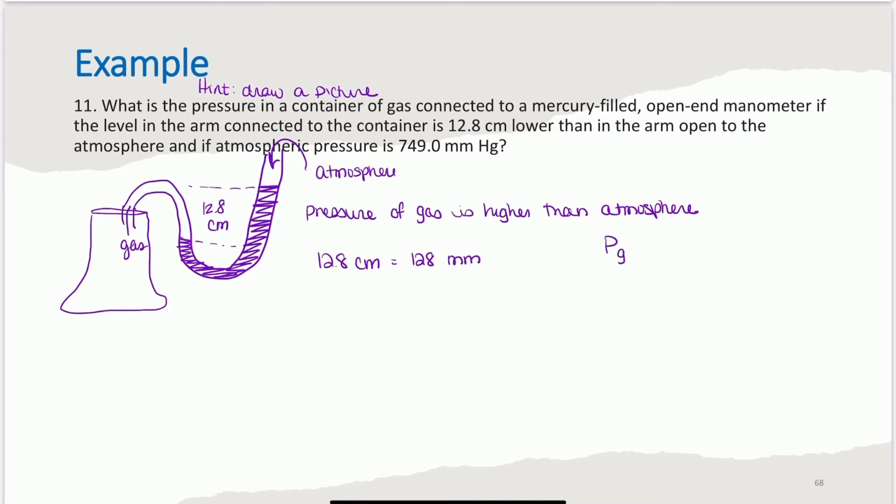So the pressure of the gas is greater than the pressure of the atmosphere by 128 millimeters. 749.0 millimeters of mercury is the atmosphere, plus 128 millimeters extra from the gas gives me 877 millimeters of mercury.